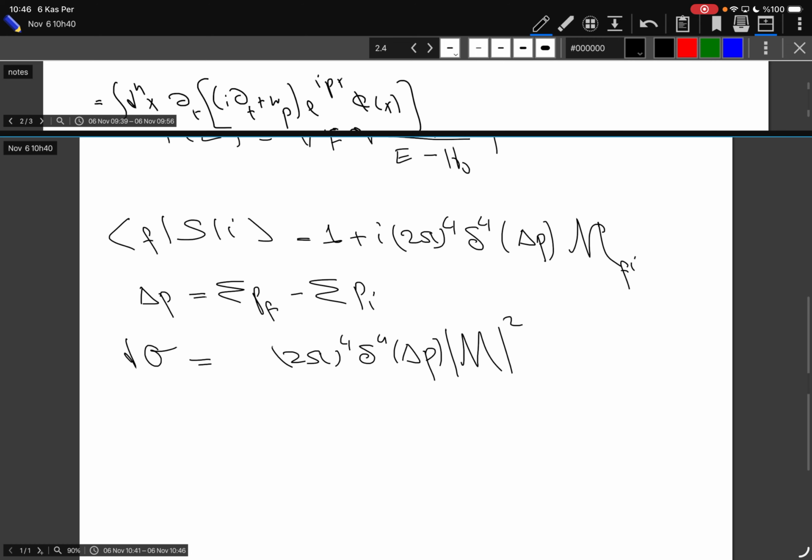Remember, we normalize them to twice the energy. So we have to fix that normalization if we would like to have a probability interpretation. So we have to divide by the product of twice the energy of the initial particles and twice the energy of the final particles.